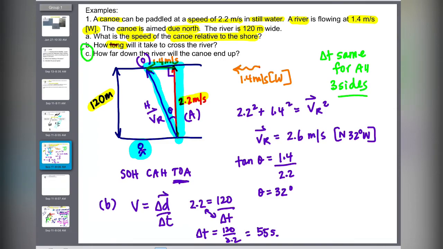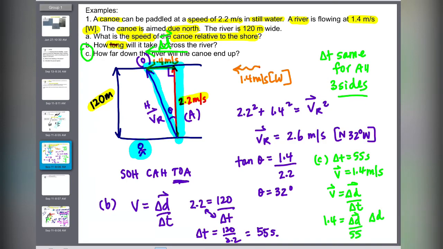Because when it comes down to how far downstream the river the canoe will end up, I need to know this guy. If I'm looking for the displacement for this guy, I know that the time is still the 55. So I would use the time at 55 seconds, I would use the velocity at the 1.4, and then use the same equation. Velocity is displacement over time. 1.4 equals delta d over the time, which is 55.